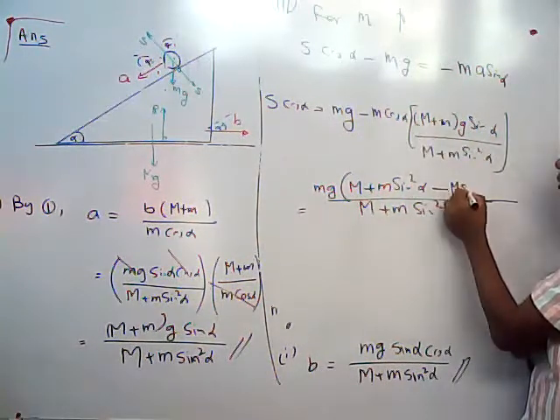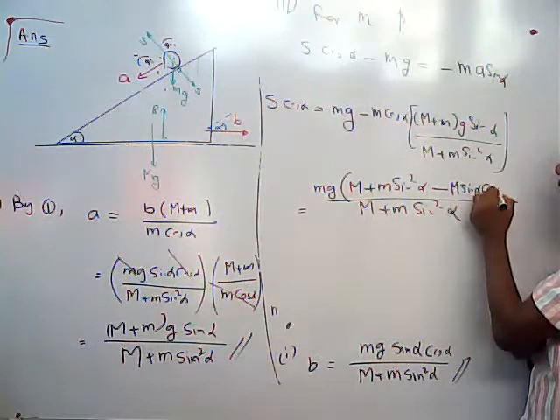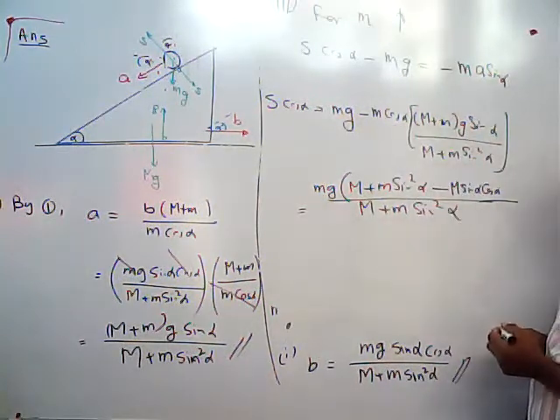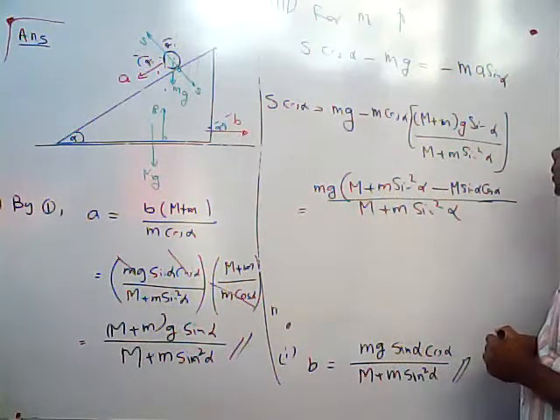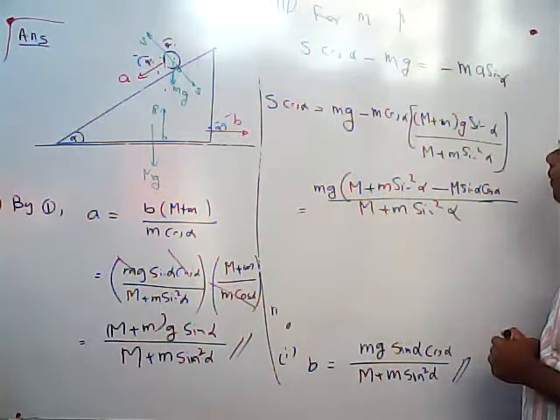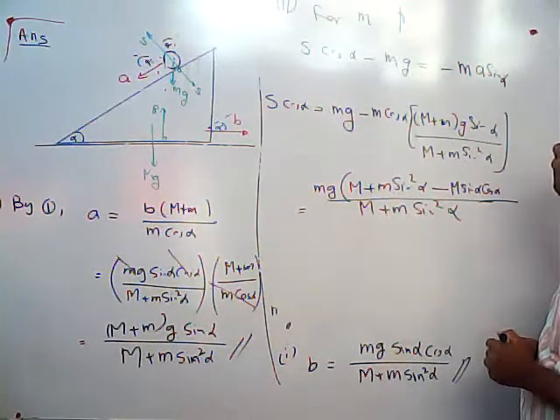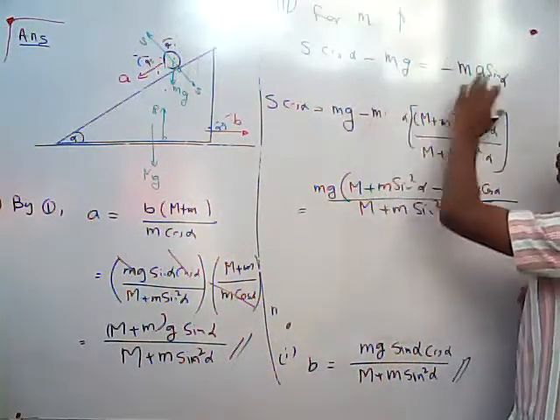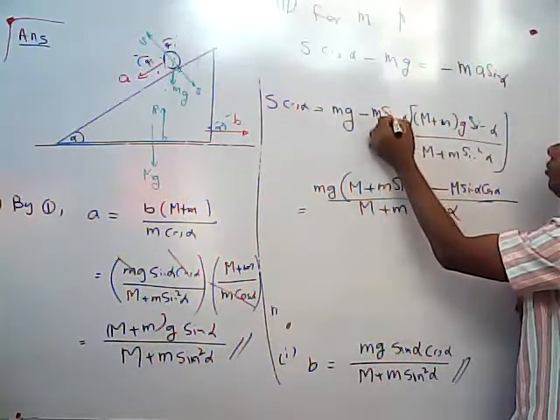mg gone out, capital M sin alpha cos alpha, minus small m, this has to be sin alpha.